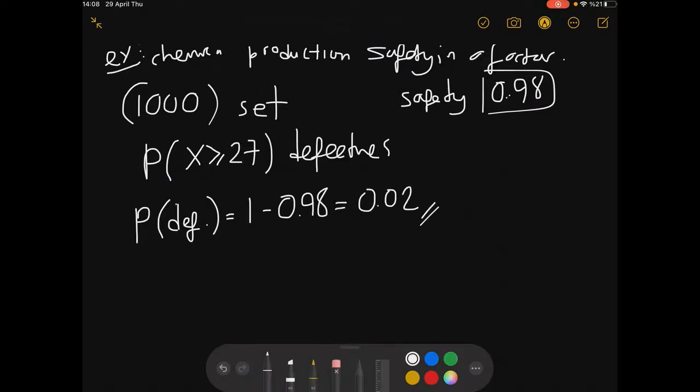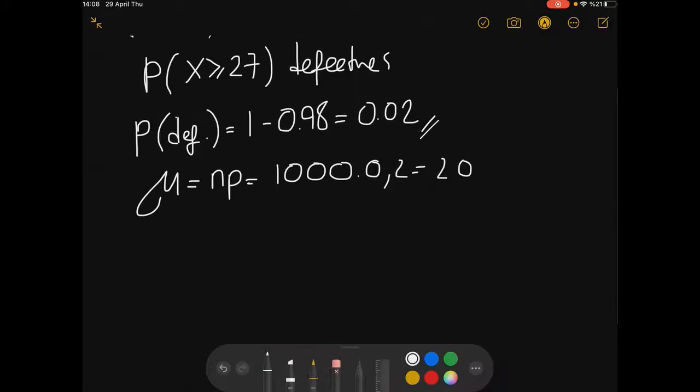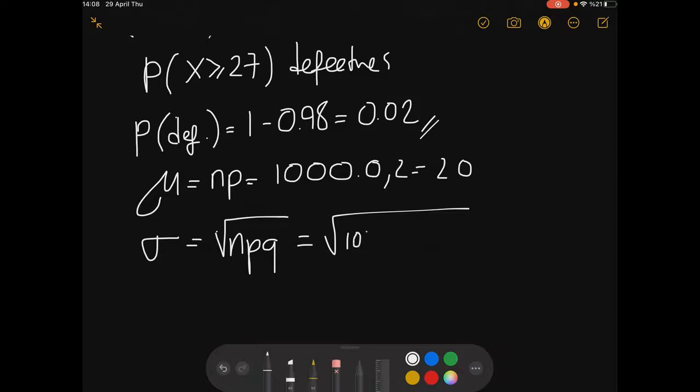Probability is your p, and your mu is np, which is, if you have a set of 1,000, 0.02 would be 20, and your sigma would be square root of npq here, which corresponds to 1000 times 0.02 times 0.98.